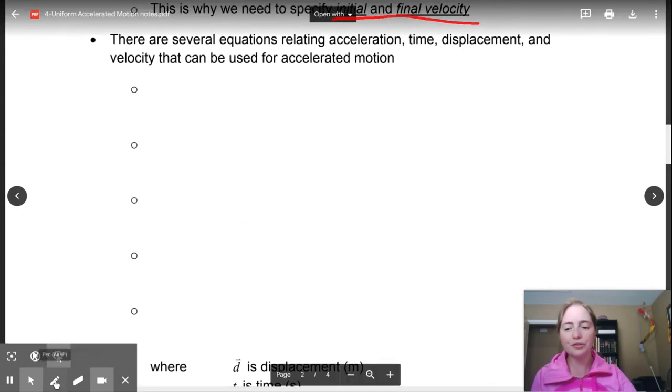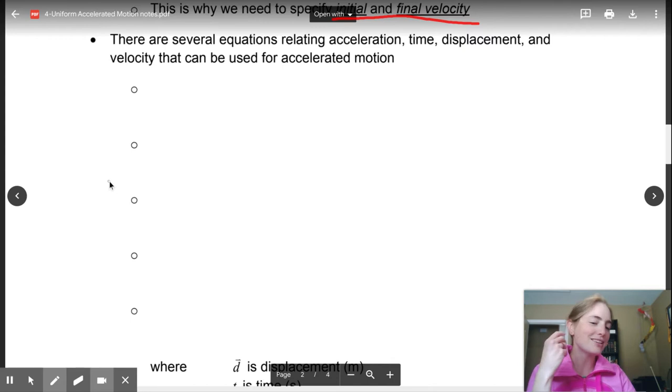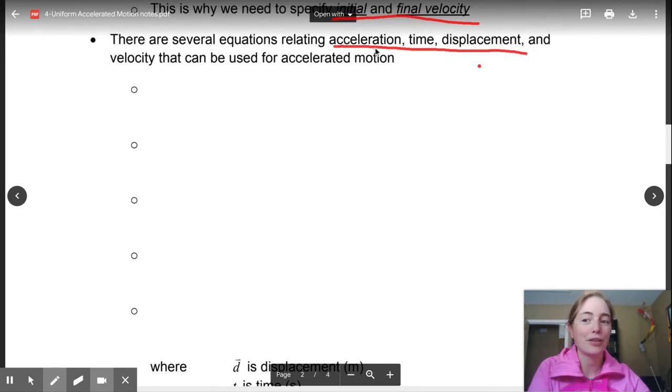Now, each of these equations are unique. They're all based off of using some calculus on your standard acceleration equation. We're not doing that. You just have to find them on your data sheet. All right. So now each of these are going to have 4 of the 5 of these items. So acceleration, time, displacement.